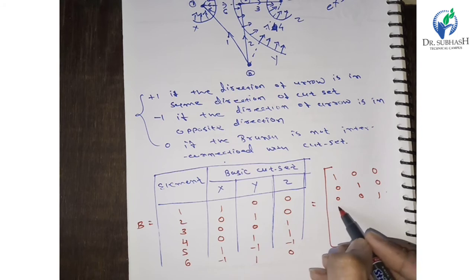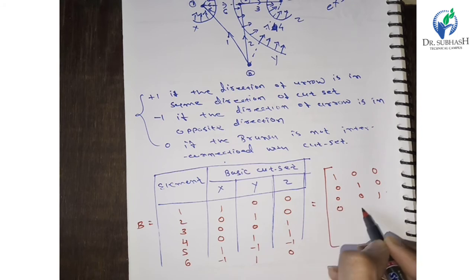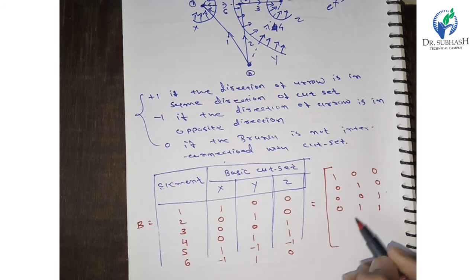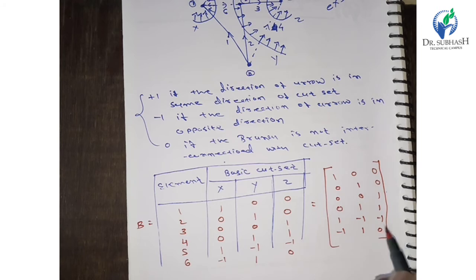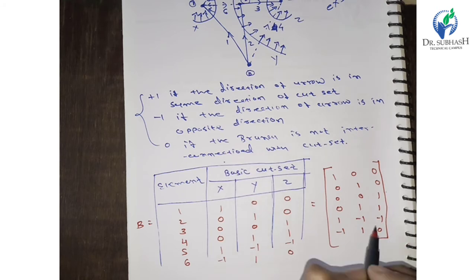For element 4 it is 0, 1, 1, then 1, -1, -1, then -1, 1 and 0. This is the basic cut set incidence matrix, and here is its output.